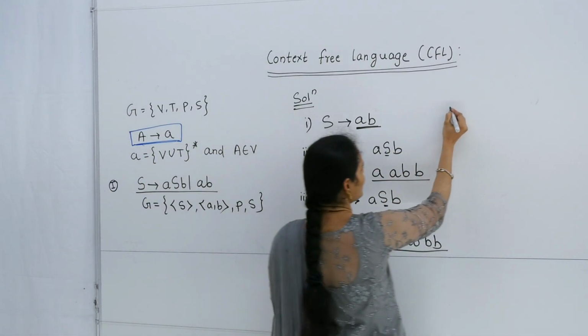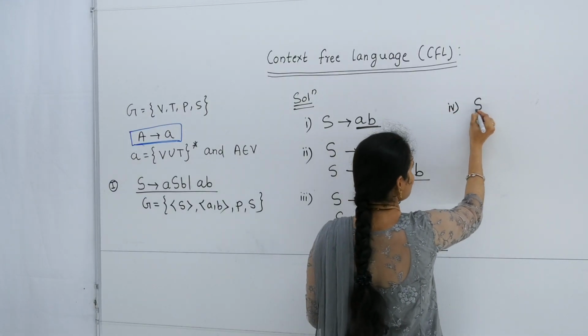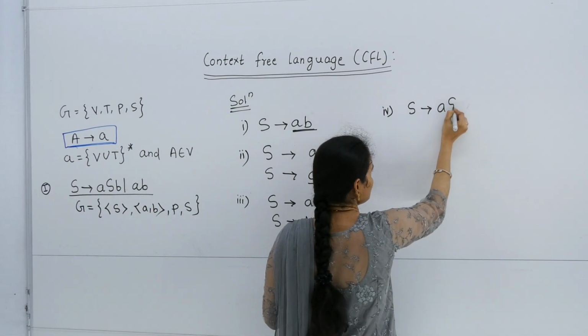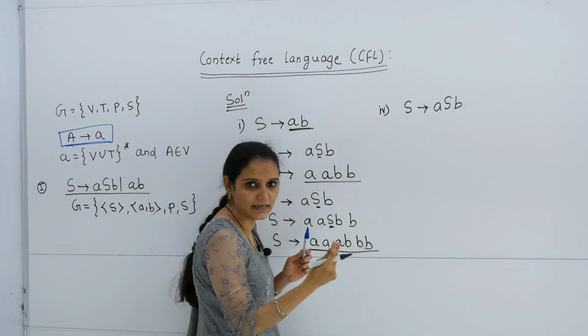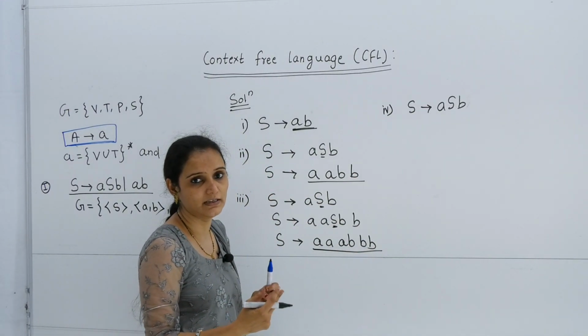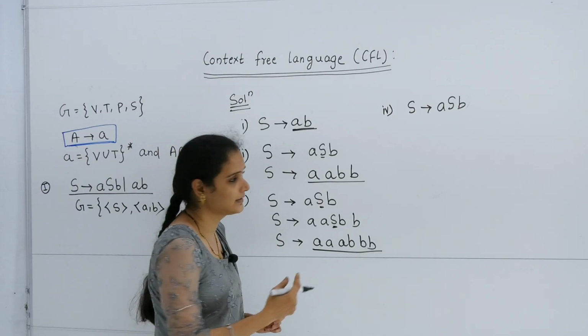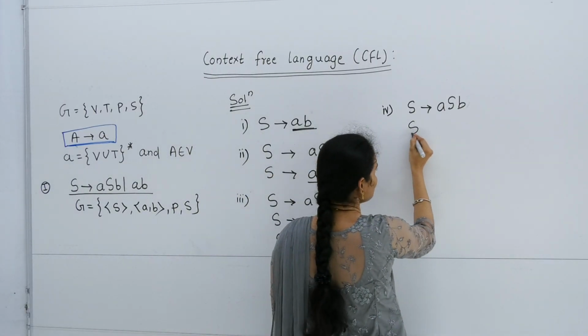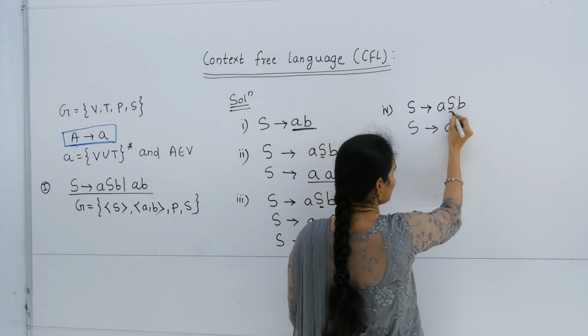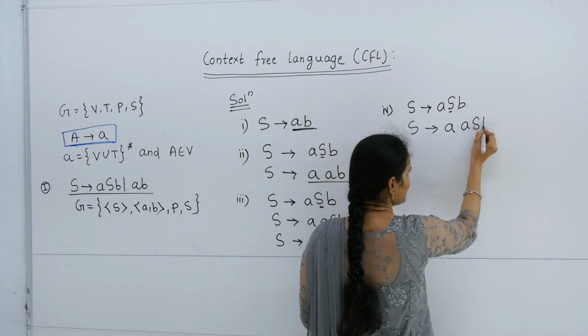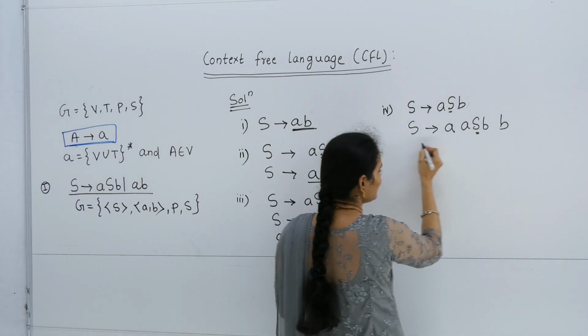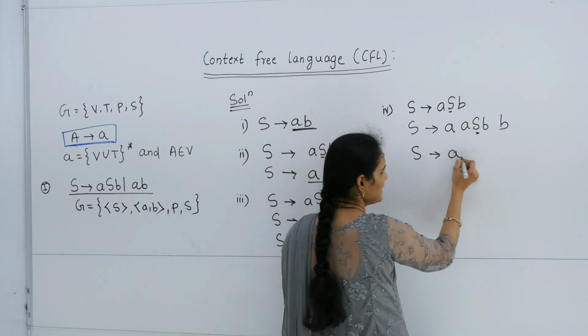Then the fourth string to be derived is S produces ASB. Only two production rules are given, and by using these two productions, we can derive any number of strings. So here S is replaced by ASB. Again that S is replaced by ASB.